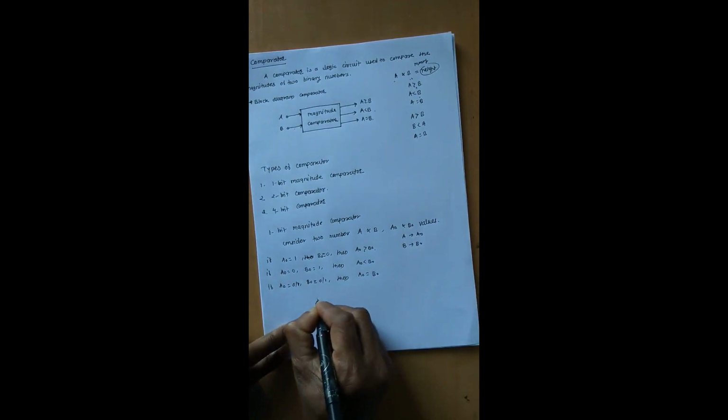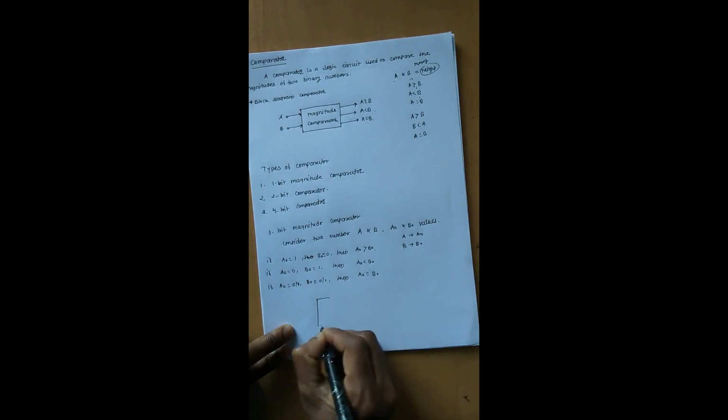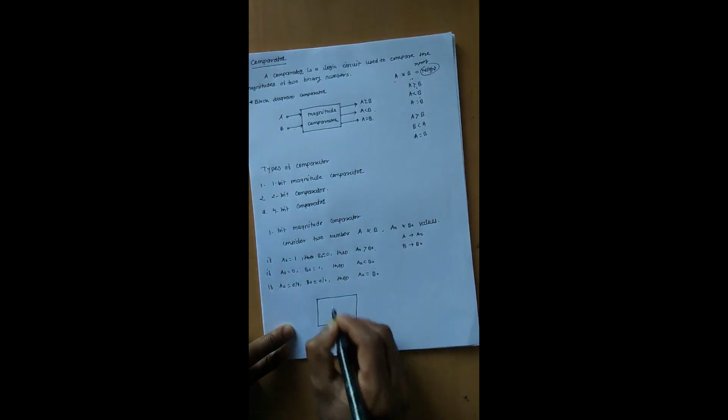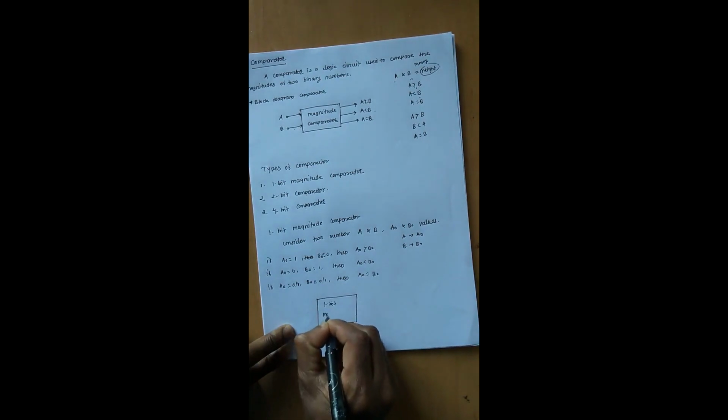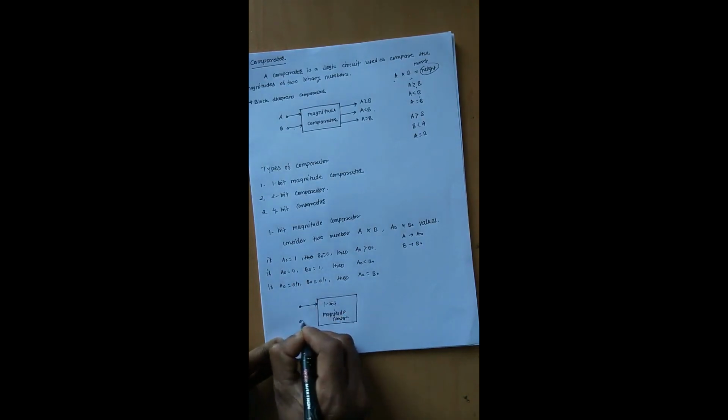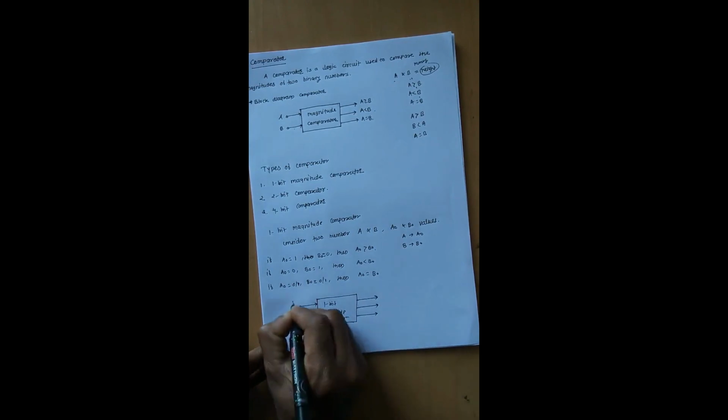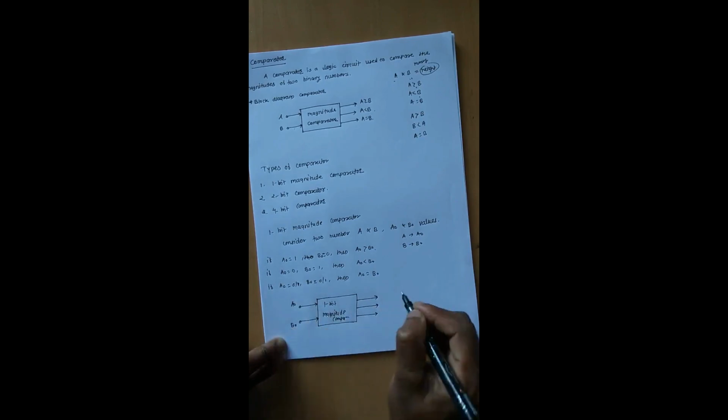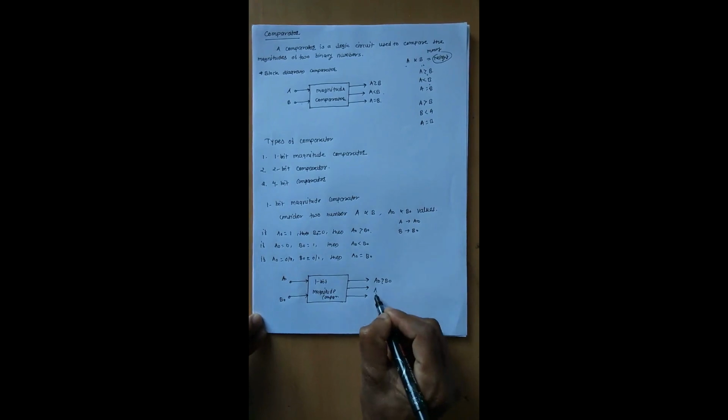Hence the block diagram of the single bit comparator looks like this: inputs A0, B0, and outputs A0 is greater than B0, A0 is less than B0, and A0 is equal to B0.